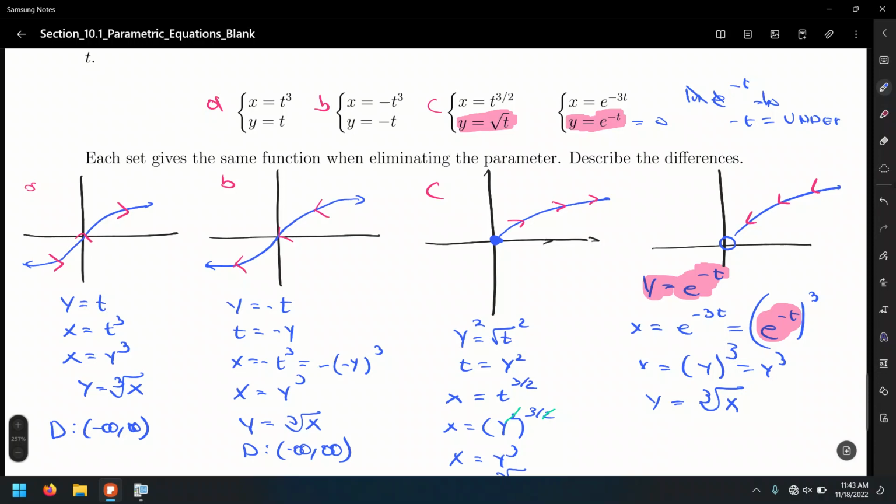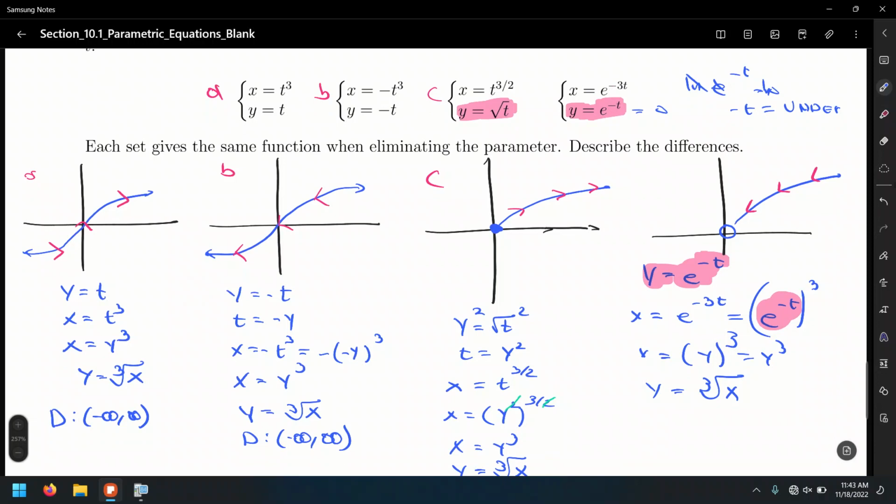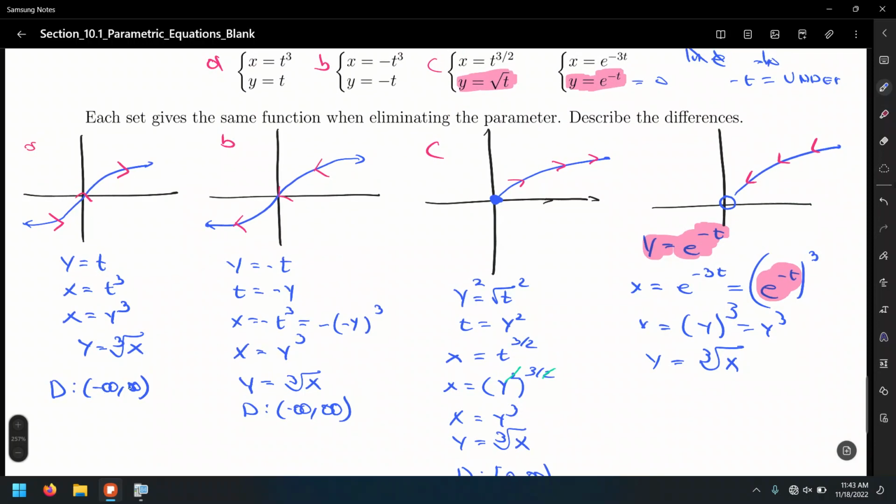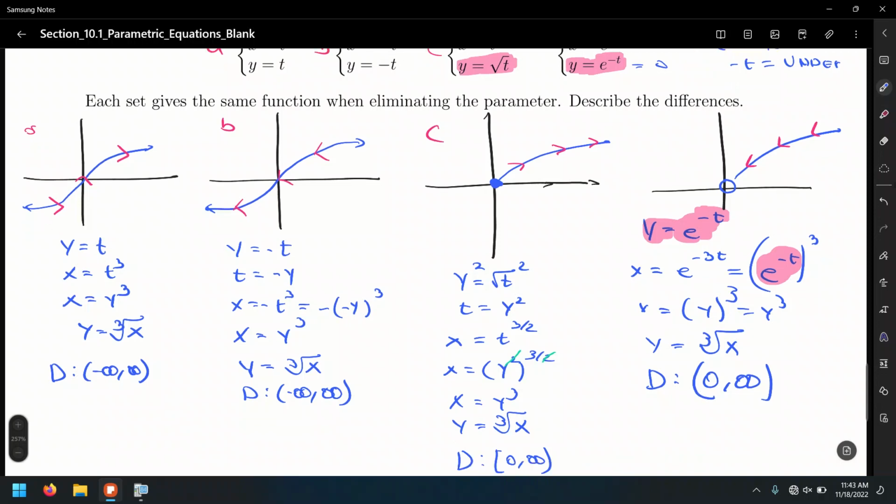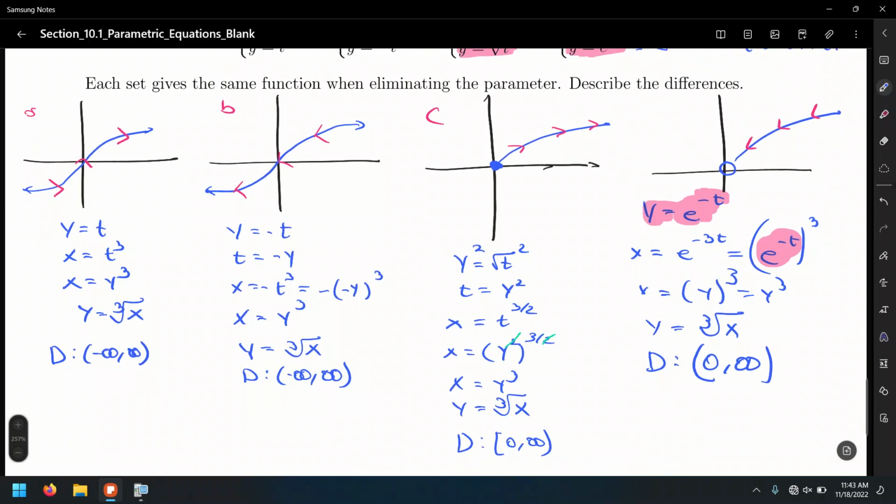However, it's restricted. Its domain, based on this parameterization, is not the same anymore. It's not all real numbers. The domain is 0 to infinity still, however, exclusive for 0, whereas in the previous case it was inclusive for 0. That's the difference: parentheses for 0 here, brackets for 0 in the previous case. Because in one case the origin is included, and in the second case the origin is not included.